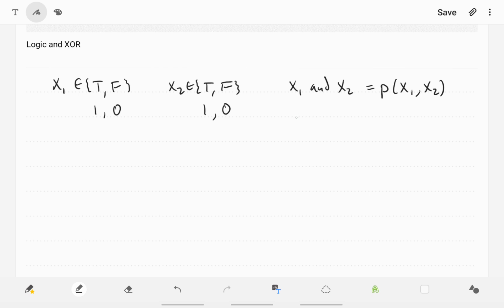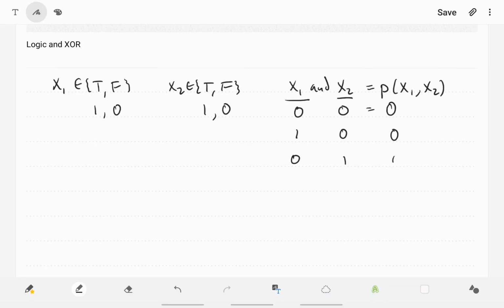So we could try, for example, for x1, we could try true, right? Or let's make them both false. So let's just go down the line. So both false, x1 and x2, this is equal to 0 because it's also false. x1 being true and x2 being false also gives us a 0.